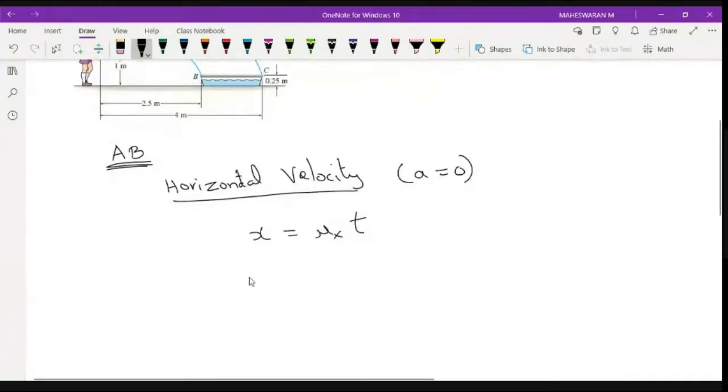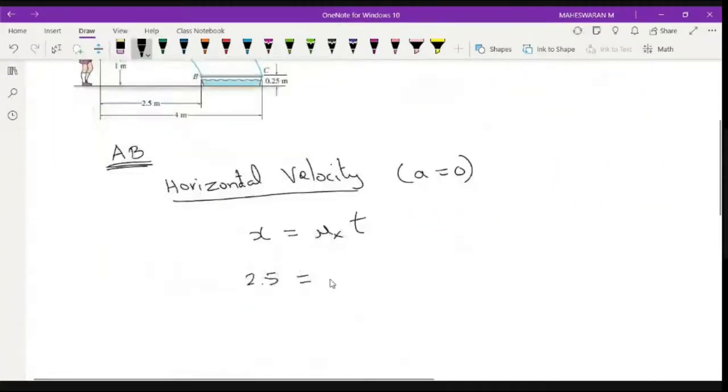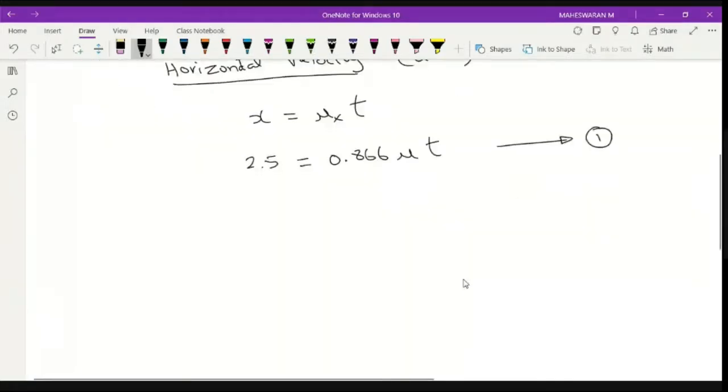So I can write 2.5 is equal to ux, which we know is 0.866u, into t. There are no other values I have. Let me consider this as equation 1.